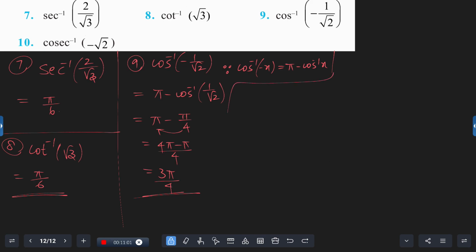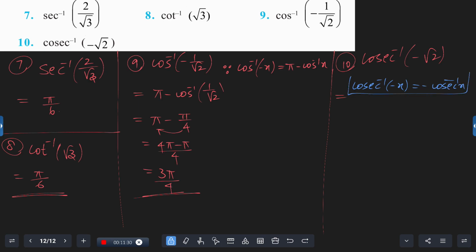So question number 10. Cosecant inverse of minus root 2. What is the formula for this? Do you remember that cosecant inverse of minus x is equal to minus cosecant inverse x?